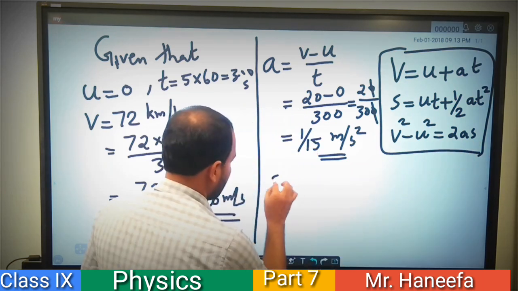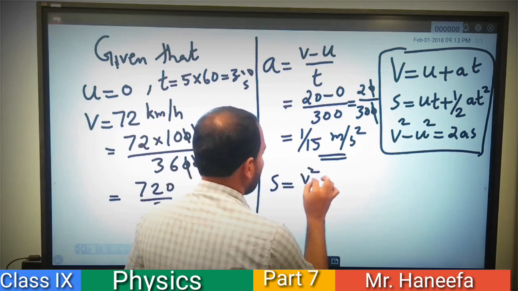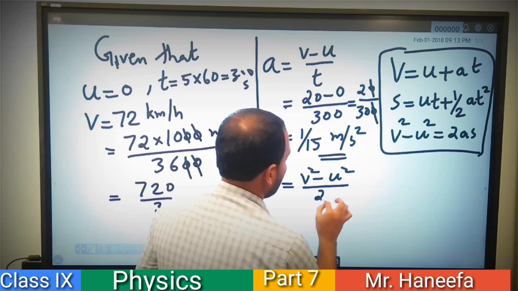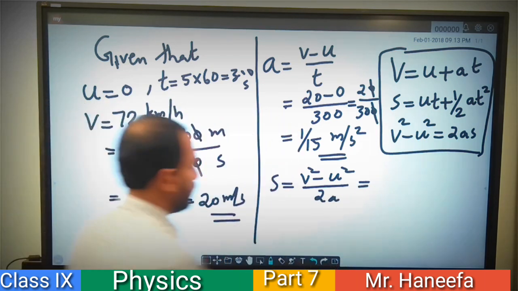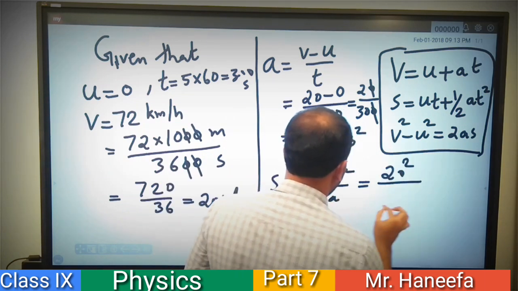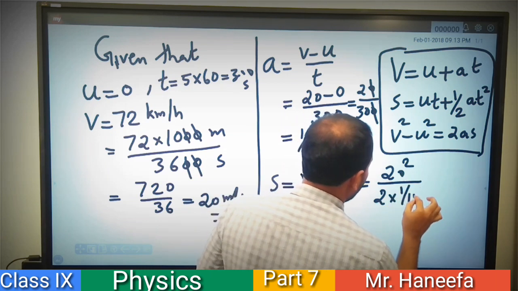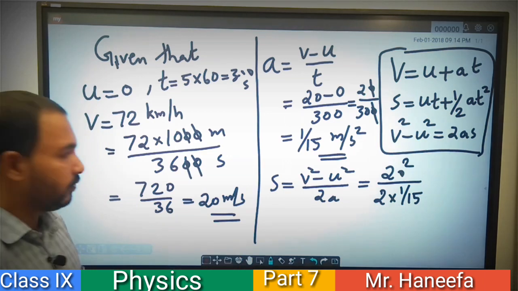So what is s from this equation? s equals v square minus u square divided by 2a. What is v square? 20 square, divided by 2 into 1 by 15.